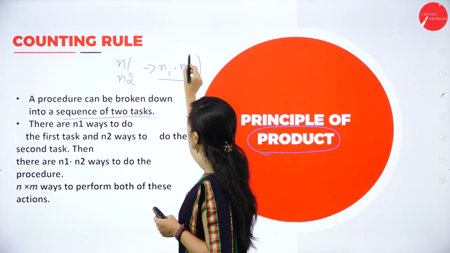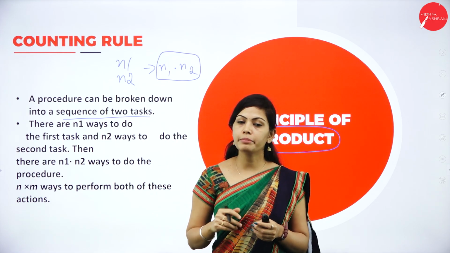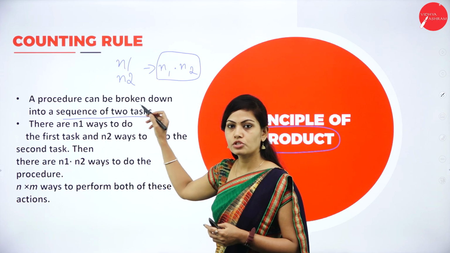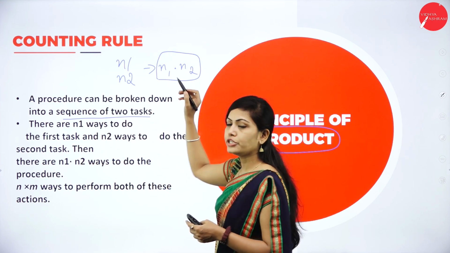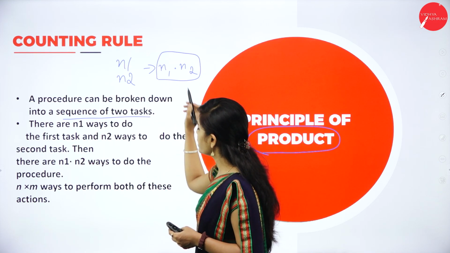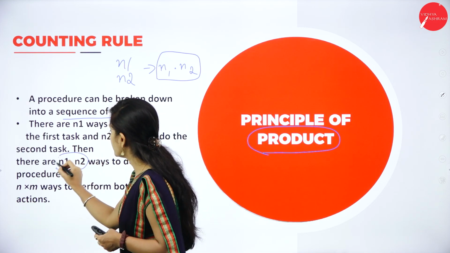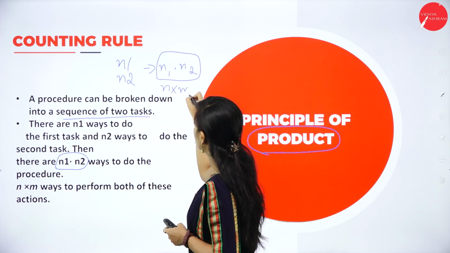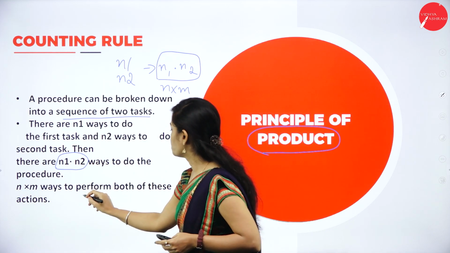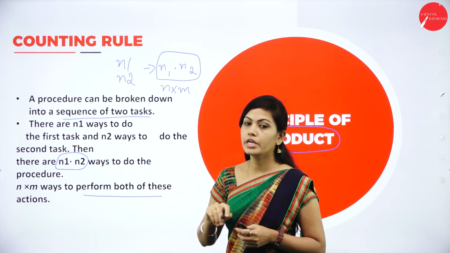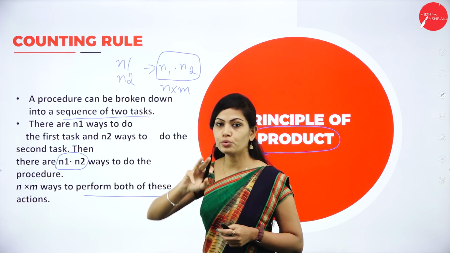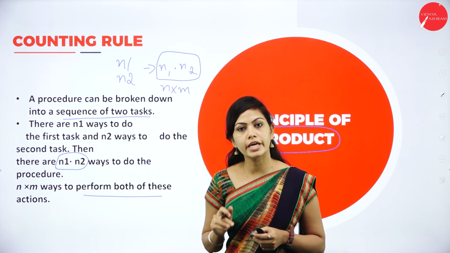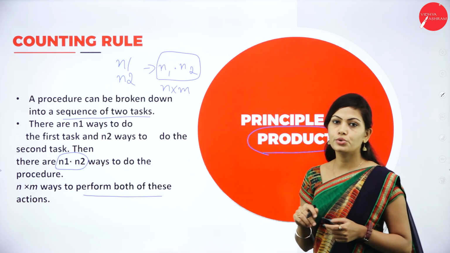In the product rule, the procedure can be broken down into a sequence of 2 tasks, n1 task and n2 task, so we can write n1 dot n2. That means n cross m ways to perform both of these actions. To perform both of these actions, we have 2 tasks, that is n and m. So n cross m or n1 dot n2. This is called the product rule.